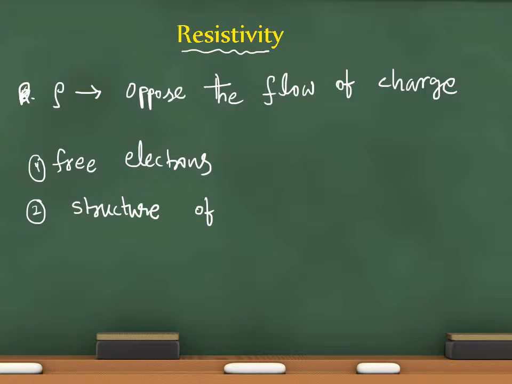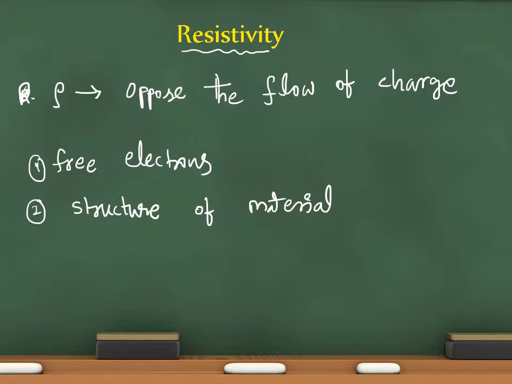In a similar way, electrons can flow easily if you have a smooth path.